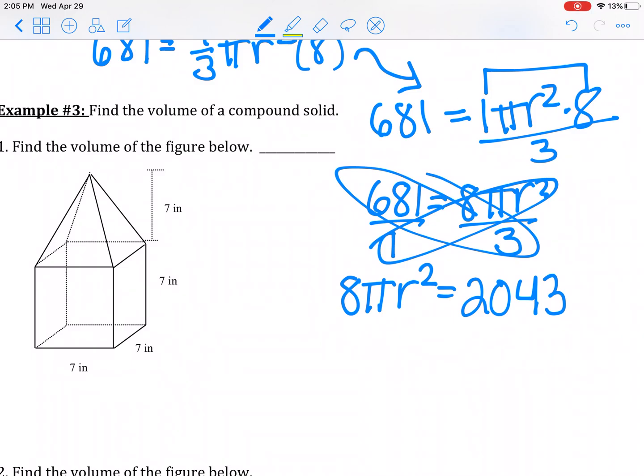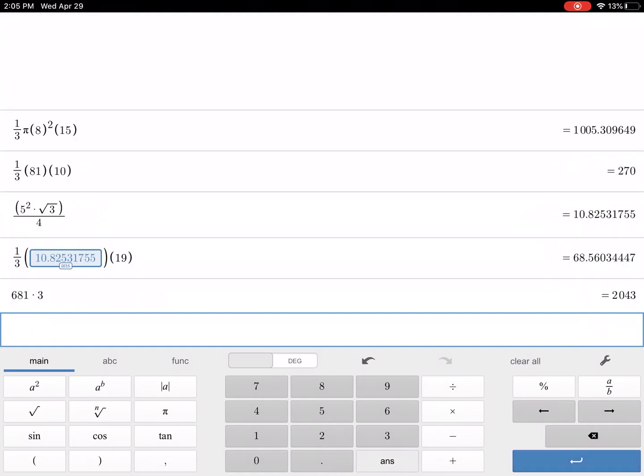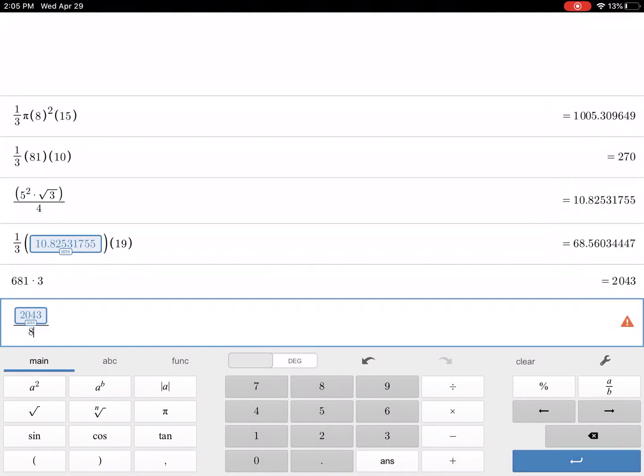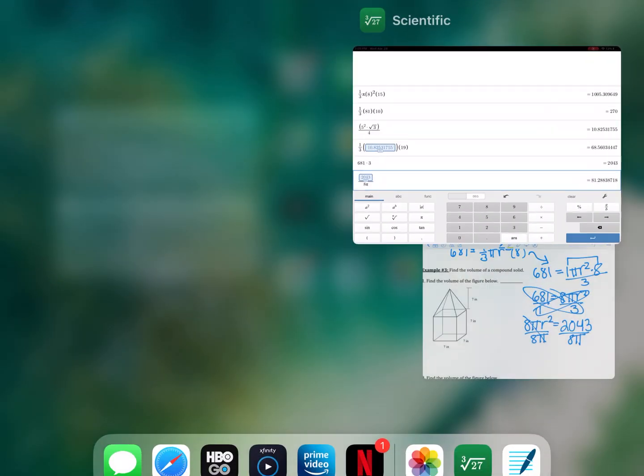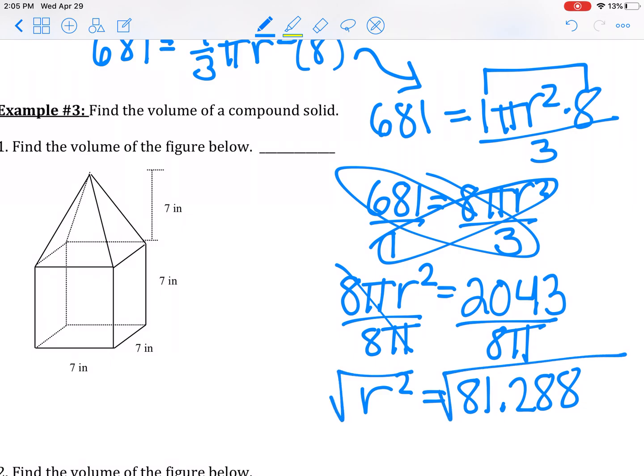Next step would be to divide by our 8 pi, so it cancels out over here, and divide by 8 pi. Hop on over again. Answer divided by 8 pi, and we get 81.288 is equal to r squared. Our last step would be to square root it to cancel out the square.